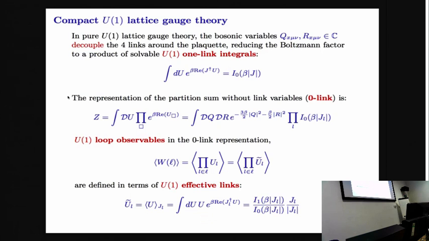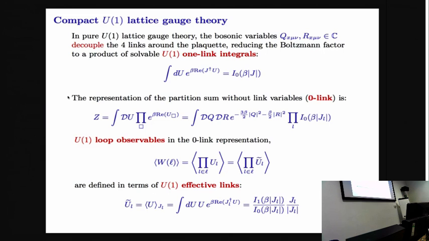We apply this to U(1) lattice gauge theory, because this is the simplest case before going to SU(2) or SU(3). In this case we need to introduce complex numbers on each plaquette to decouple the four links in the U(1) Wilson action.